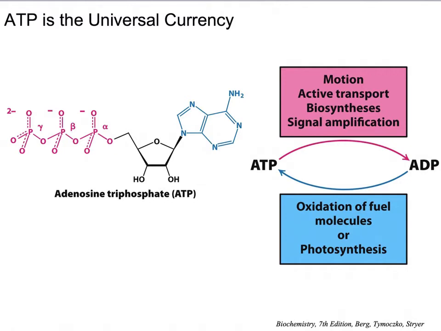When you hydrolyze ATP, it's exergonic, or exothermic, and this hydrolysis is what drives your anabolic reactions. Now let's look at the structure of ATP, and it will help us explain why this is the case. First, let me just go through, again, this figure on the right. If we look at the blue line, when we have ADP and we make ATP, it's from the oxidation of fuel molecules.